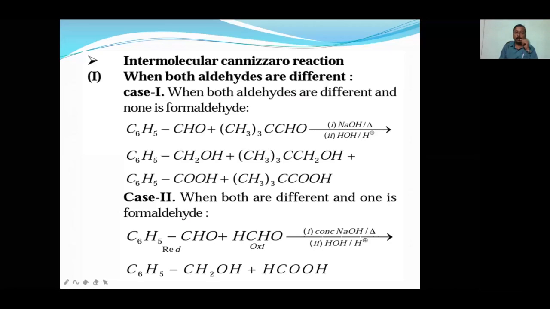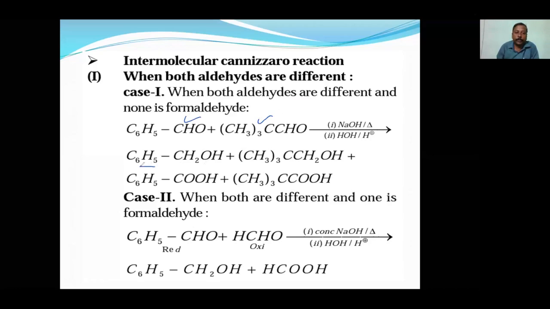But that means between two aldehydes without alpha hydrogens. So let us take one: benzaldehyde, and another, 2,2-dimethyl propanaldehyde.